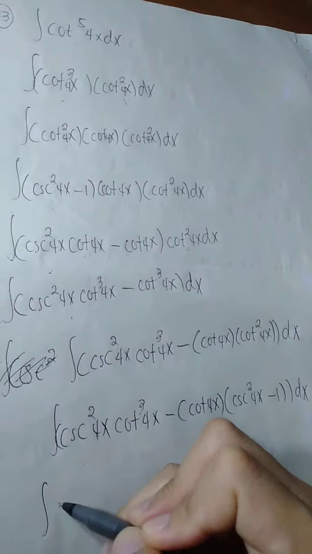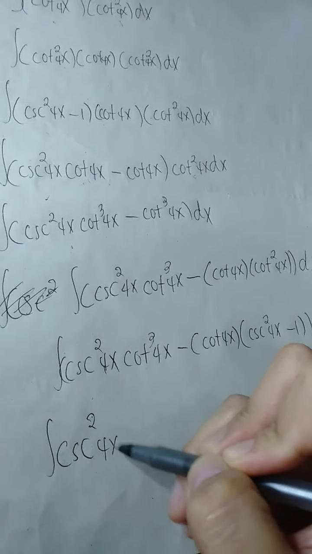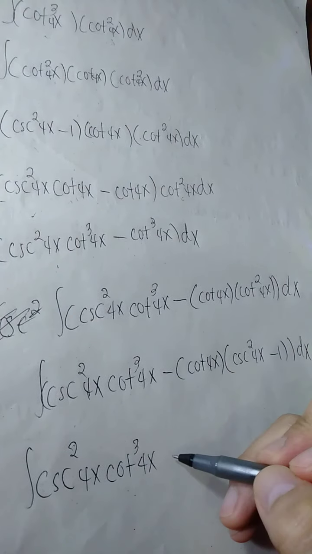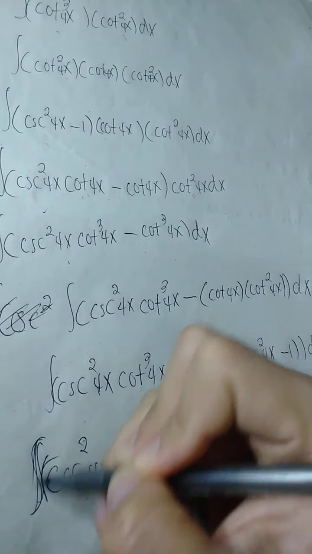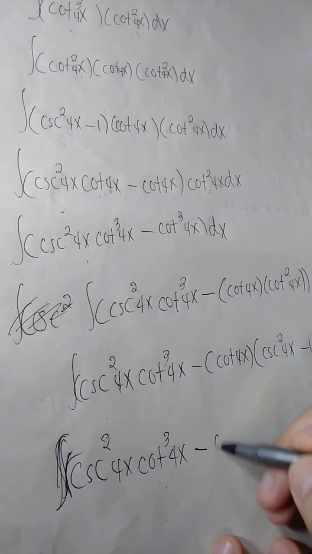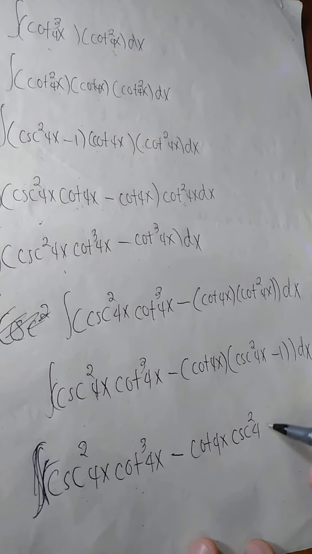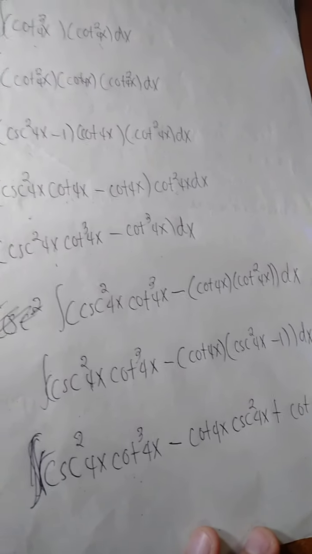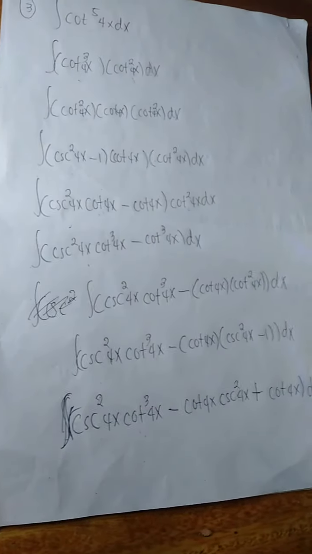Integral of cosecant squared 4x cotangent cube 4x minus, parenthesis, cotangent 4x cosecant squared 4x, then negative times negative, positive na ngayon, cotangent 4x dx. And check natin guys, it's already integrable.